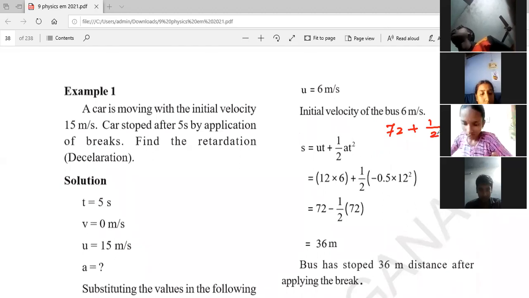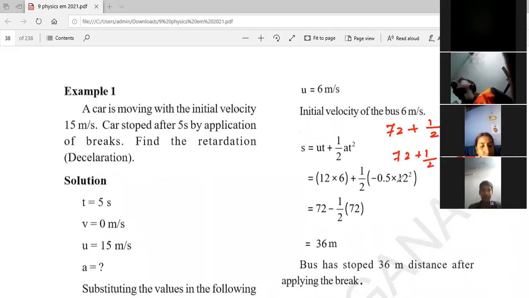Okay, so here we do the multiplication. 144 into minus 0.5. Half of 144 is 72, so this is minus 72, and we can cancel.